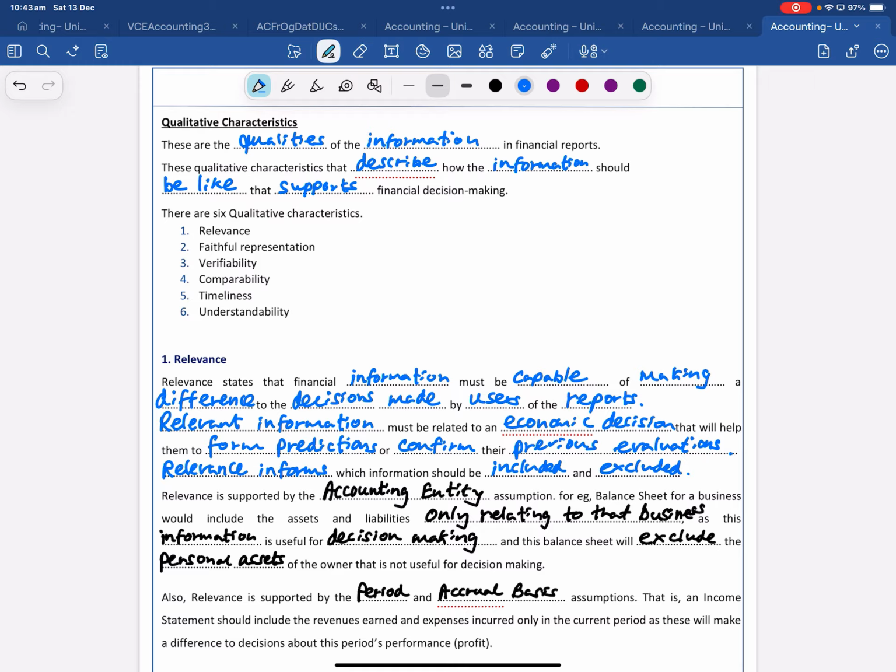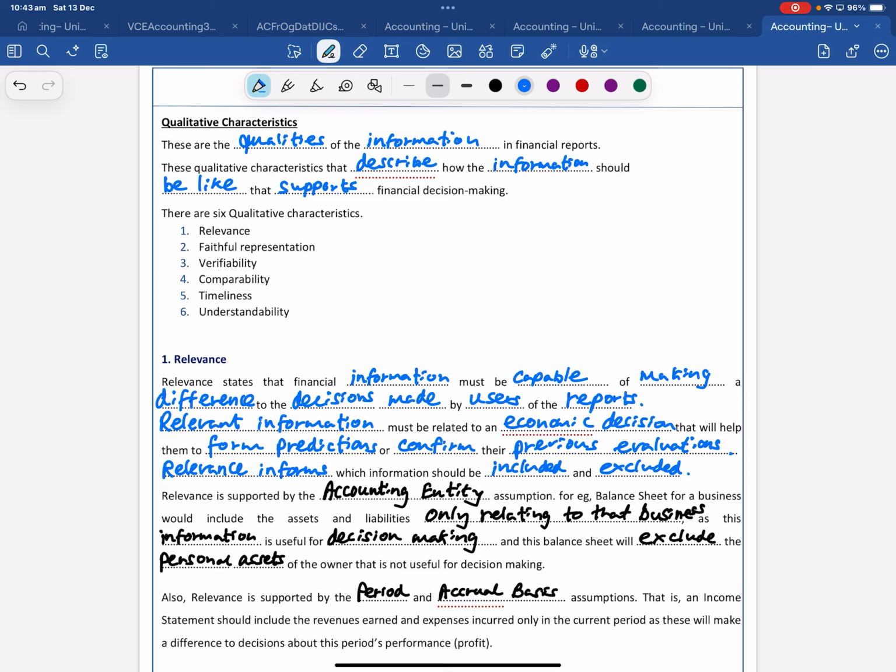Right. Then qualitative characteristics basically talk about the qualities, or the features, that should be available in the information in our reports.